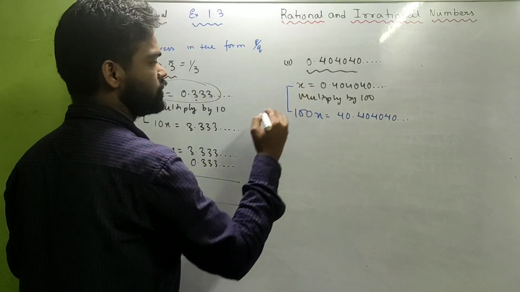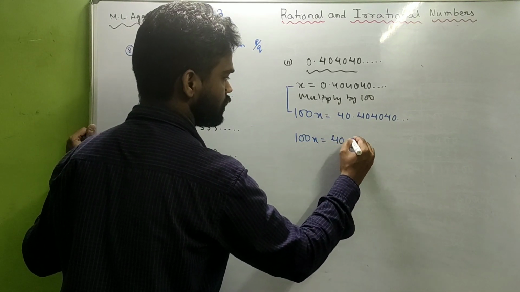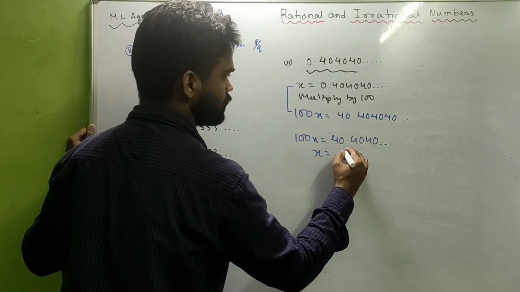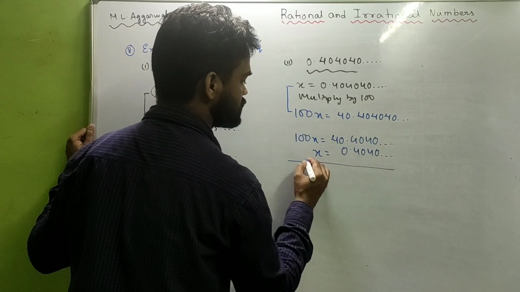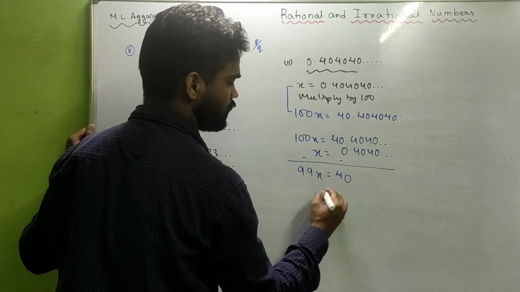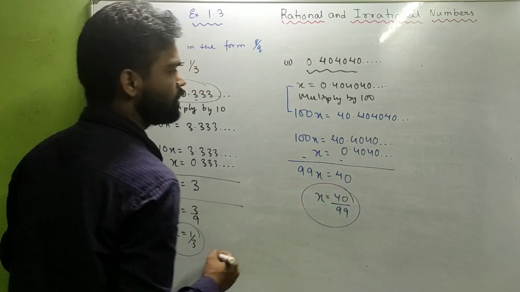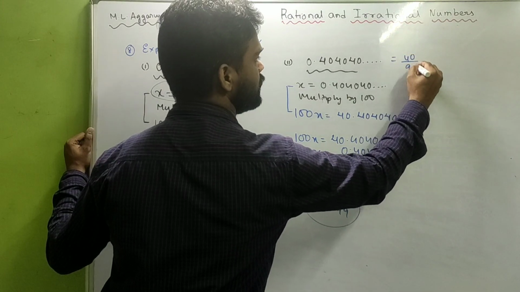Now we'll subtract these two. 100x equals 40.4040 and x is 0.4040. We'll simply subtract it. So 99x equals 40, which means x equals 40 by 99.